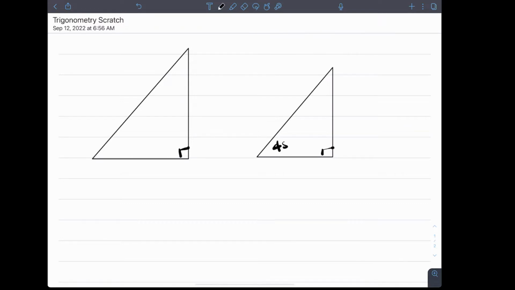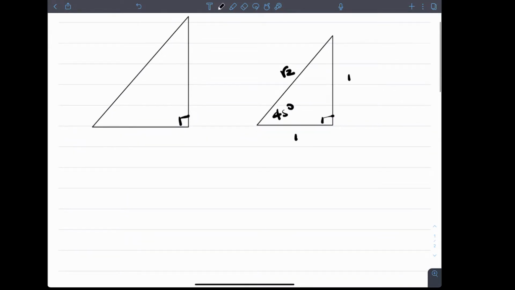So when this is 45 degrees, if you guys remember, we looked at this being 1, and this being the square root of 2. Is that true? So what was the name of this triangle? 45, 45, 90 degree, and that's a special triangle, and that's important. And there you go, ladies and gentlemen.